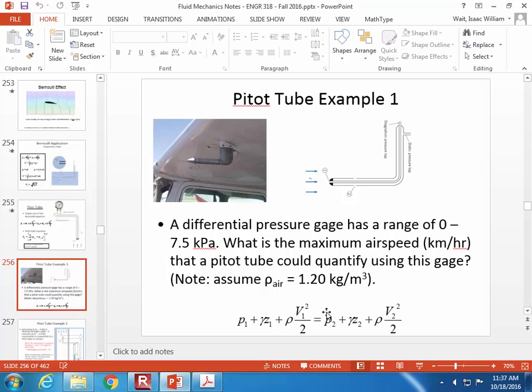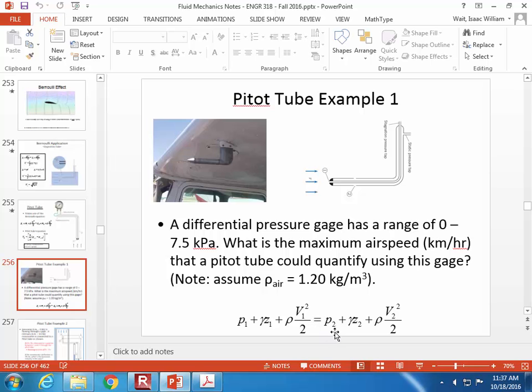It may be atmospheric, or if we're going up in the atmosphere in a plane, it'll probably be less than the 101,325 pascals. That's the sea level pressure. But it doesn't matter what the pressure actually is. It's the difference between P1 and P2 that the gauge is measuring. So I'll let P1 be equal to 0.